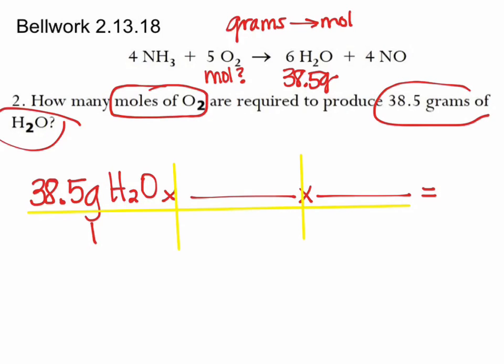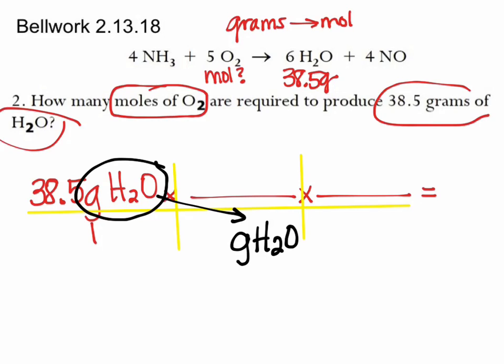All right, so we are in grams of water. So what's my first step? My conversion. Do I need grams, molar mass, or mole ratio? Molar mass. So the molar mass. So remember, grams of H2O needs to go on bottom.